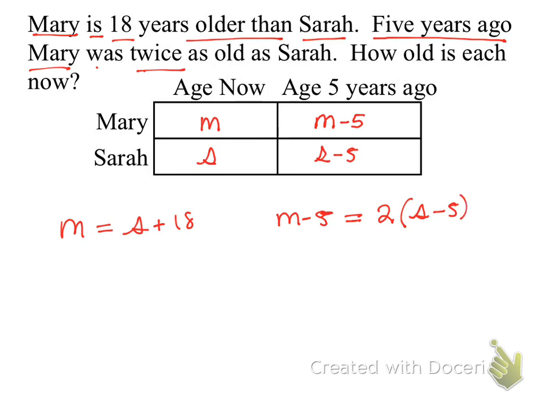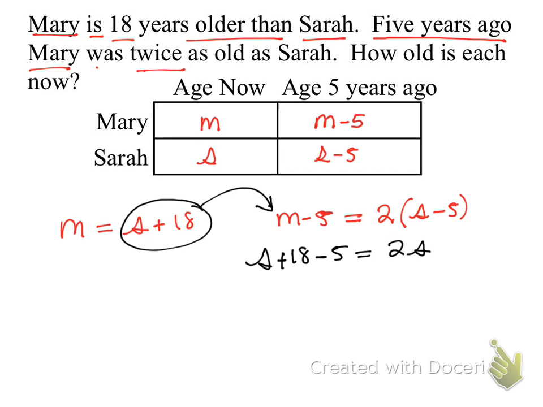So now I'm set up for what? Substitution. So I'm doing S plus 18 minus 5 equals 2 times S minus 5. I'm going to distribute: 2S minus 10. S plus 13 equals 2S minus 10.